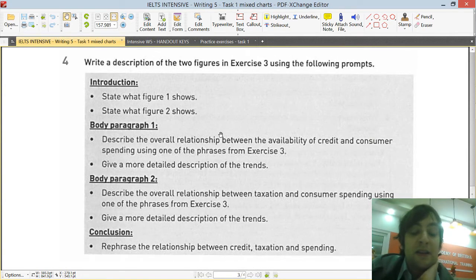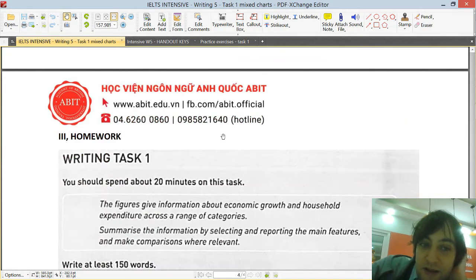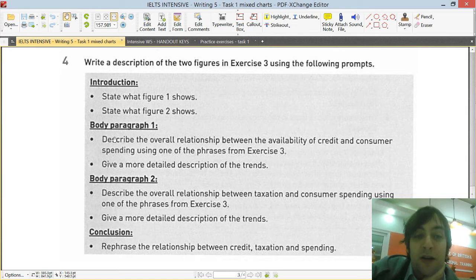Okay, let's go into exercise 4. So, this time, you need to write a description of the two figures in exercise 3 using the following prompts. So an introduction, you need to state what figure 1 shows and state what figure 2 shows. Body paragraph 1, describe the overall relationship between the availability of credit and consumer spending using one of the phrases from exercise 3.